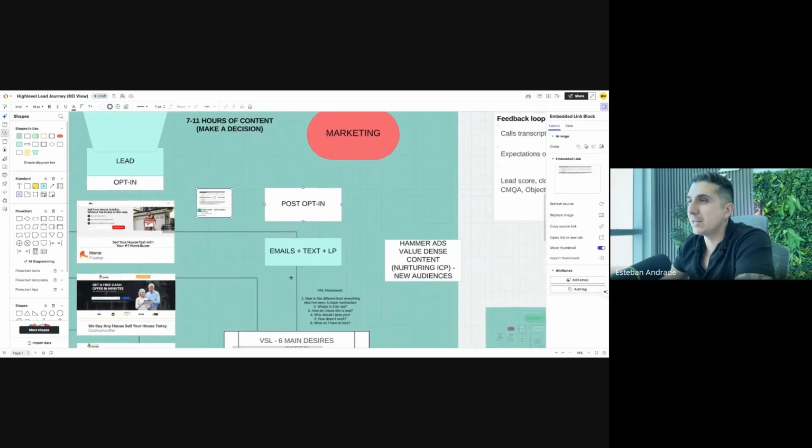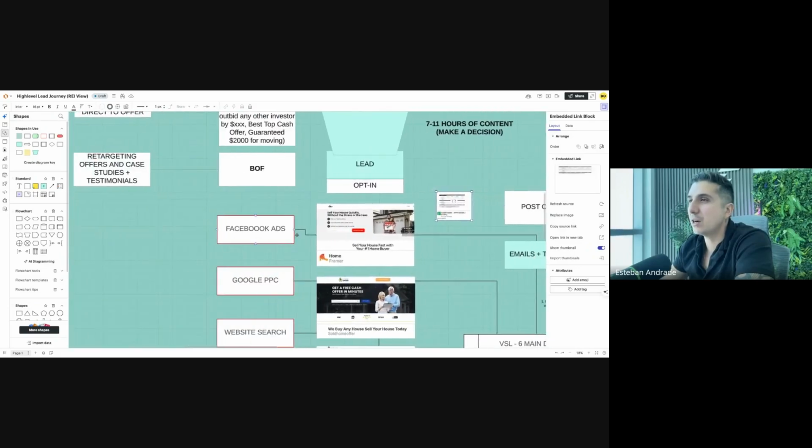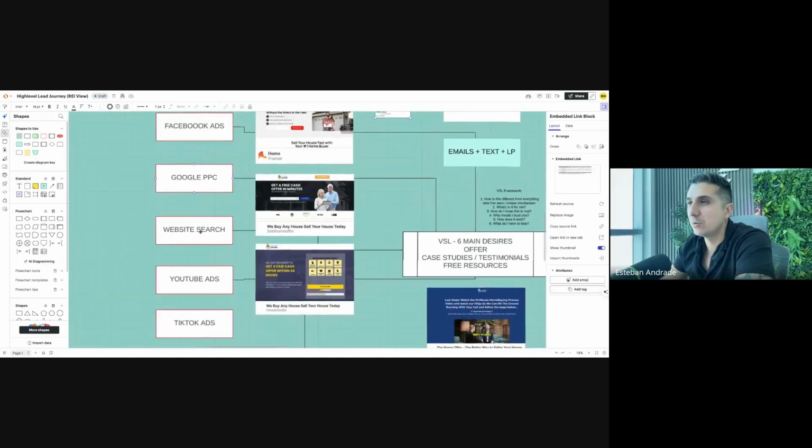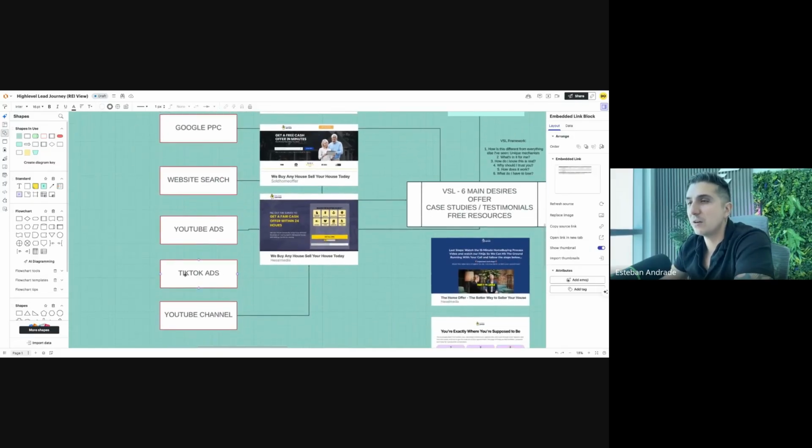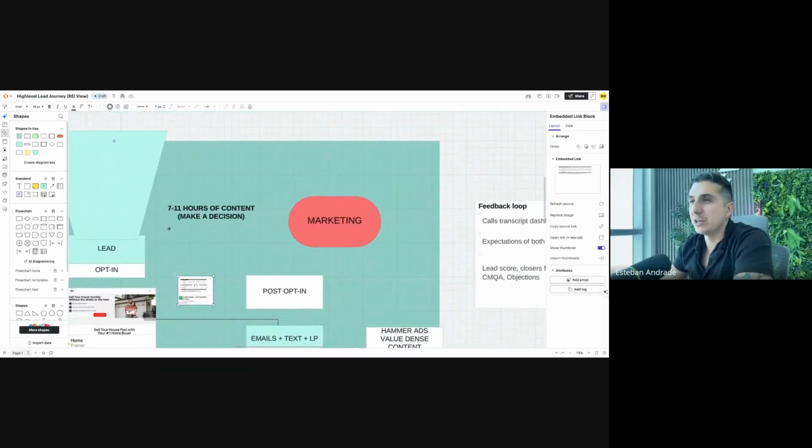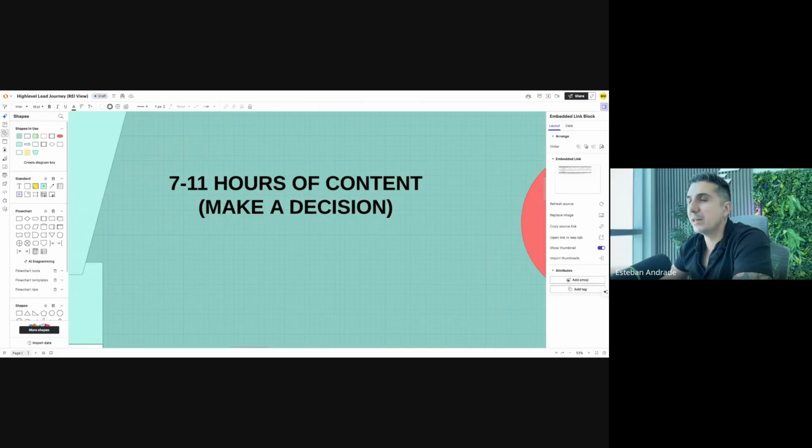What that means is that even if they come from Facebook, Google, SEO, YouTube ads, TikTok or the YouTube channel, there is a higher likelihood that they will not make a decision until they have consumed at least 7 to 11 hours of content.